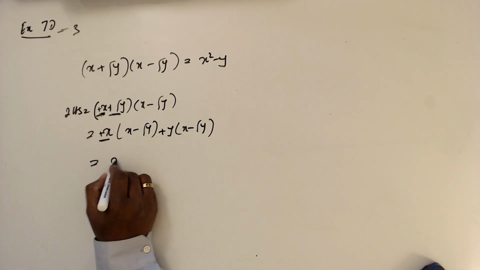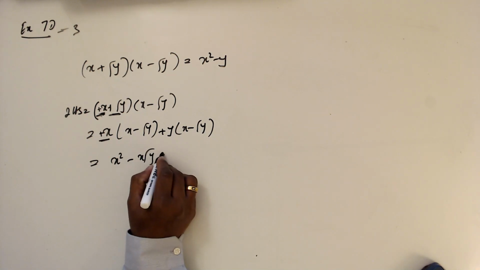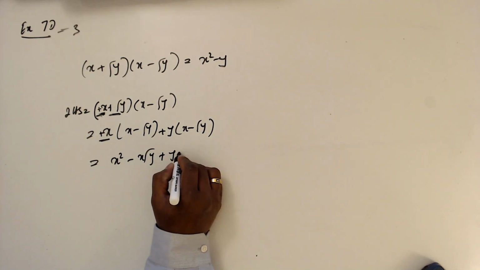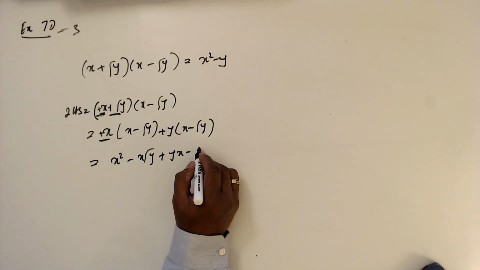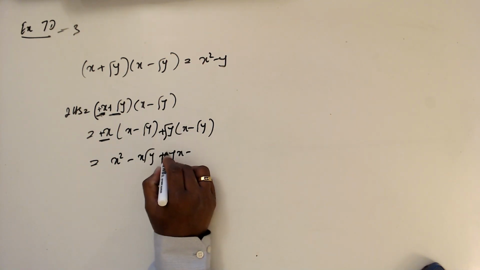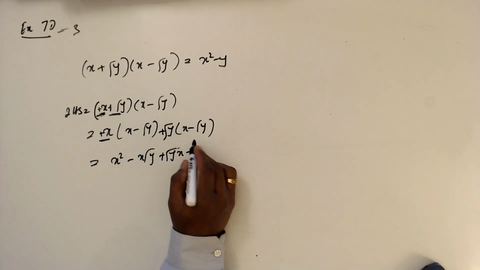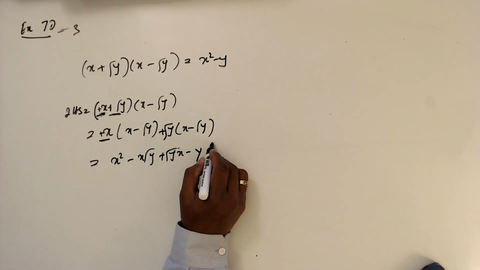So this is x squared, this is minus x square root y, this is plus square root y times x, then this is going to be minus y.